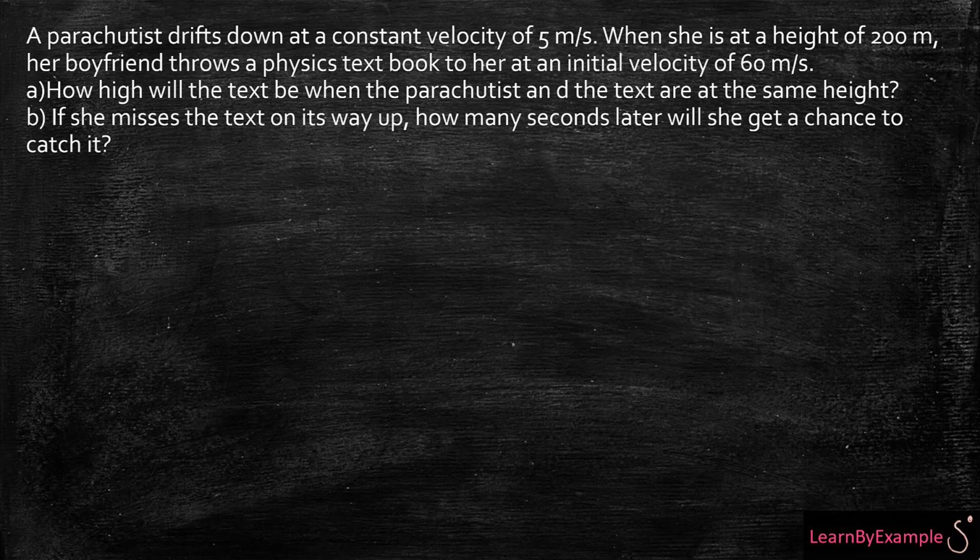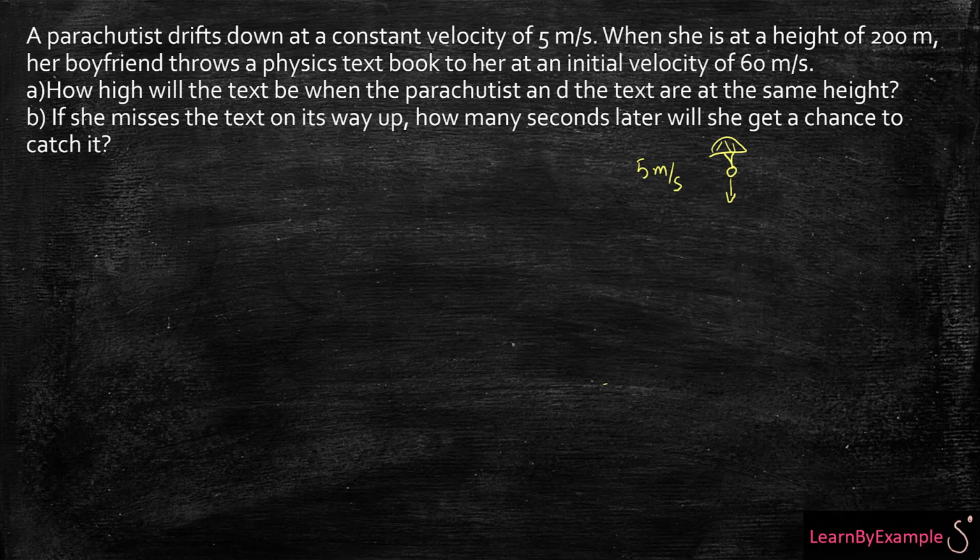So number one, like always, I would like to draw a picture for this question, and this is how we're going to start. So we have my parachutist coming down at a constant velocity of 5 meters per second, and then at a height of 200 meters.